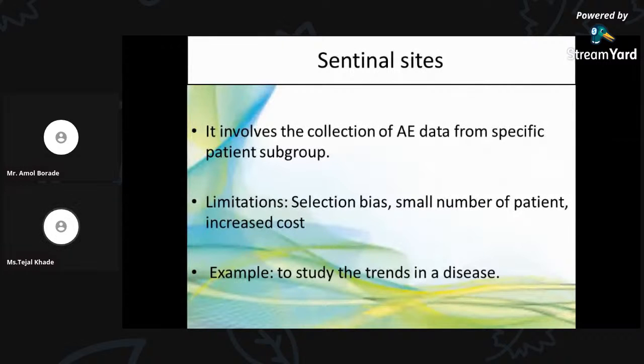In sentinel sites, the adverse event data is collected from a specific patient subgroup, for example, pediatric patients, diabetic patients, geriatric patients, pregnant patients. So this is a subgroup, and the adverse events are collected from the specific subgroup of patients only.